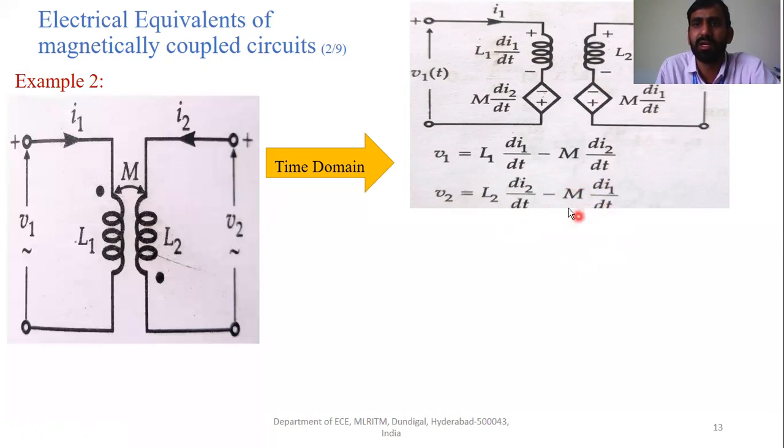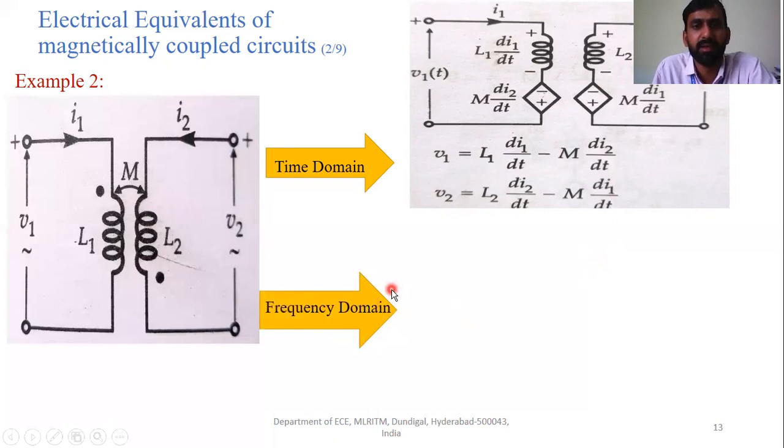As it is a mutual inductance term, it is going to link the first coil. The first coil is having the current I1. So that's why here minus M di1 by dt. Right? So let us represent the same one in frequency domain.